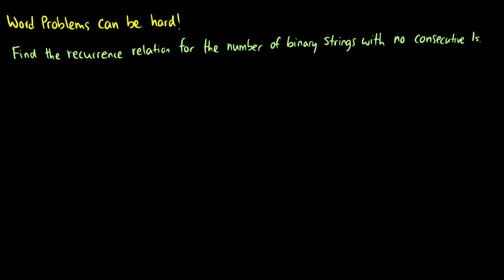We're going to take the nth number. So a_n is the nth number. And this is going to be equal to all of the strings of length n that end in a 0 plus all of the strings of length n that end in a 1.